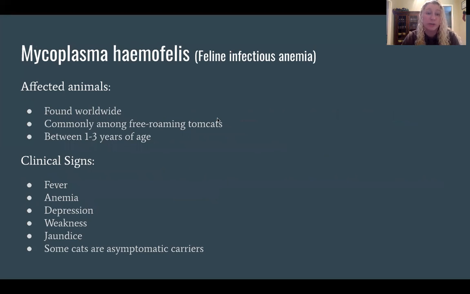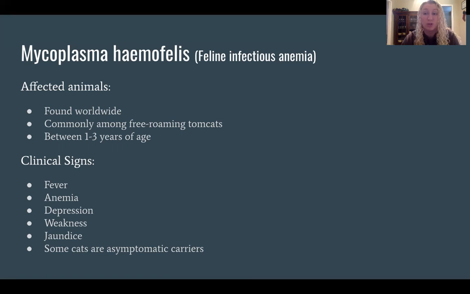Next is your Mycoplasma haemofelis. This was considered at one time feline infectious anemia. It is found worldwide and is commonly seen among free-roaming tomcats between the ages of 1 and 3. Your clinical signs are going to include fever, anemia, depression, weakness, jaundice, and some may be asymptomatic.